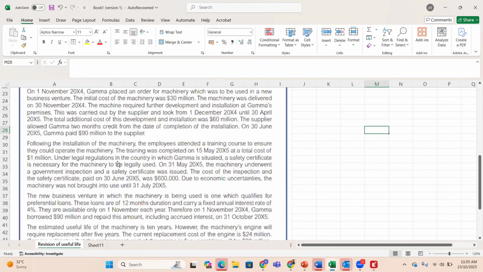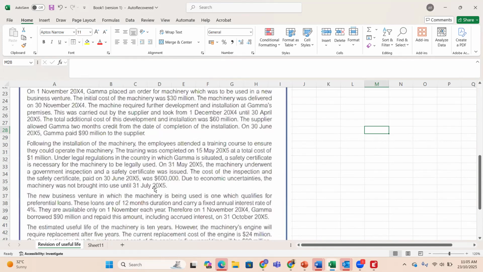Under the legal regulations in the country in which Gamma is situated, a safety certificate is necessary for the machine to be legally used. On 30th May 20X5, the machinery underwent a government inspection and a safety certificate was issued. The cost of inspection and safety paid on 30th June 25 was 600,000. Due to economic uncertainties, the machine was not brought into use until 31st July.